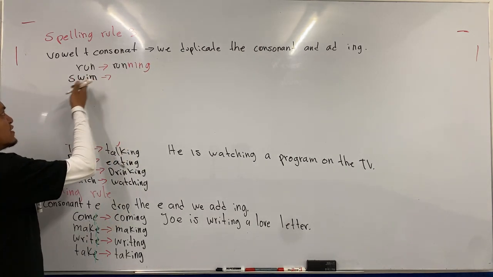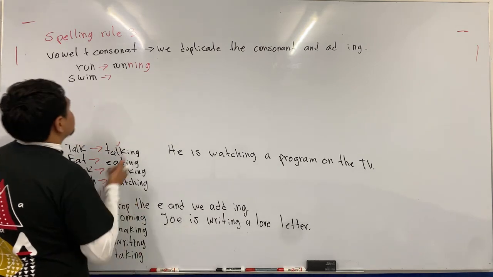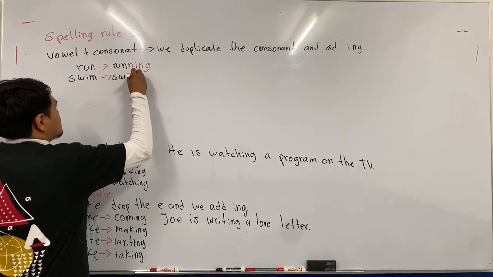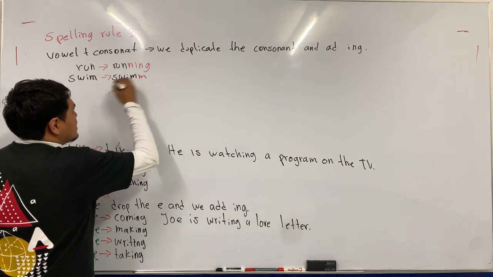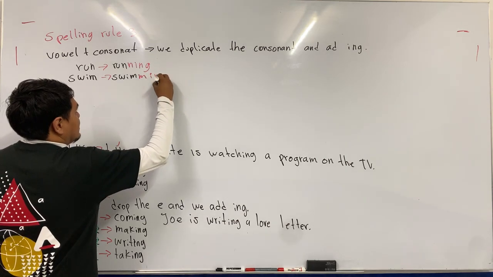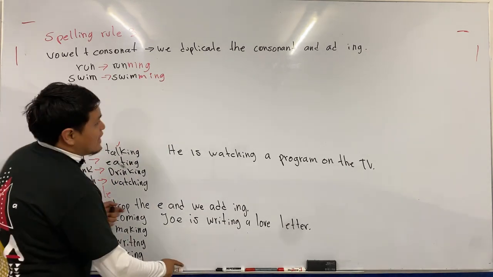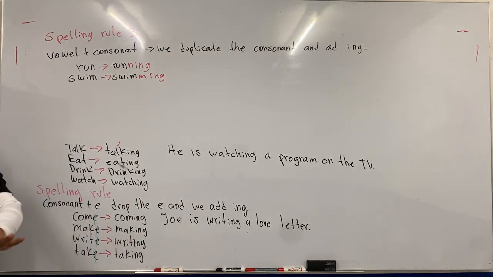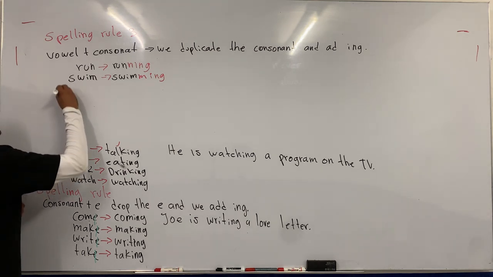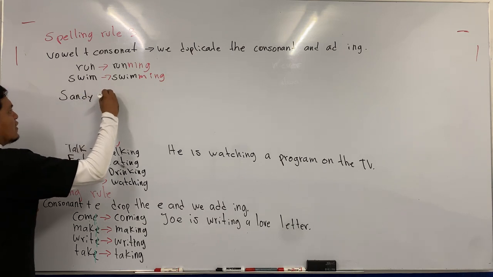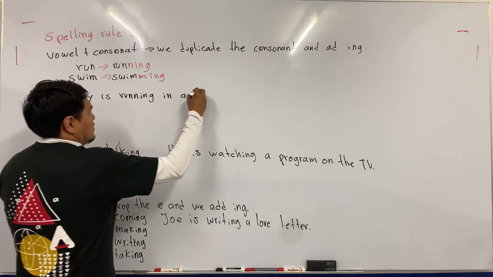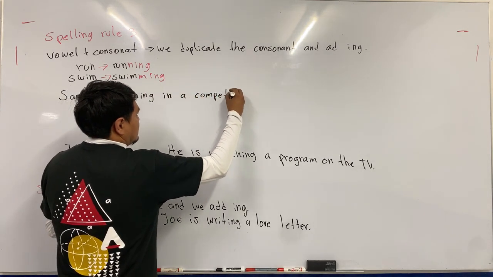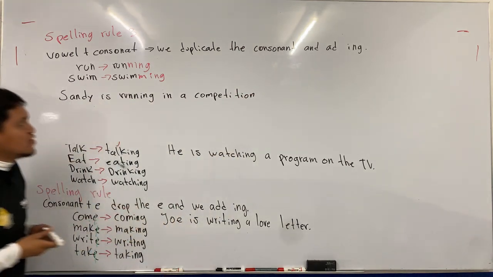Running. This is the same case with swim, right? We duplicate the consonant M again and add ing, right? An example with this, for example, Sandy is running in a competition. Sandy is running in a competition, right?